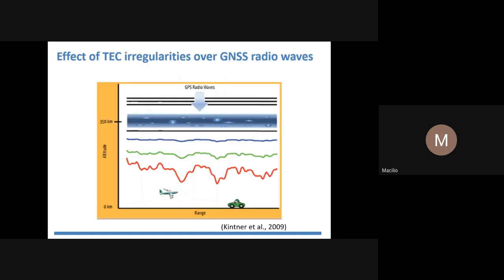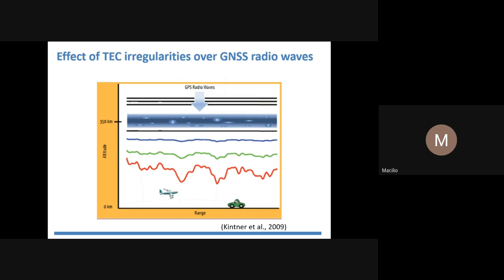This slide shows in more detail what happens with the radio wave. Let's suppose we have a plane wave. I don't know if everybody knows: a plane wave is characterized by having a constant phase across the whole plane.